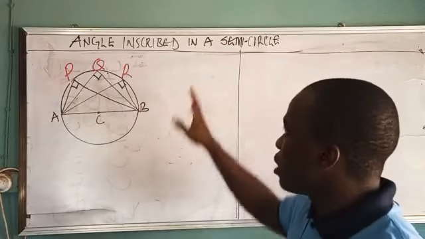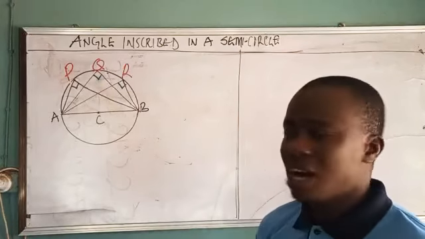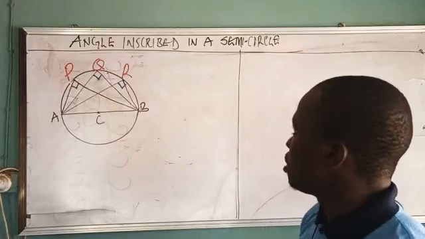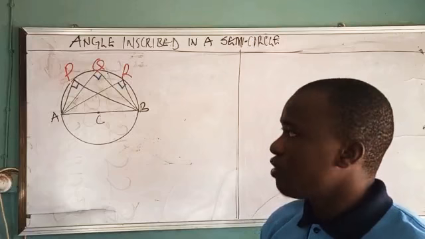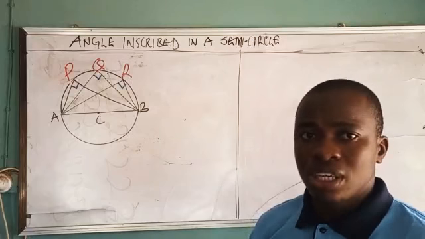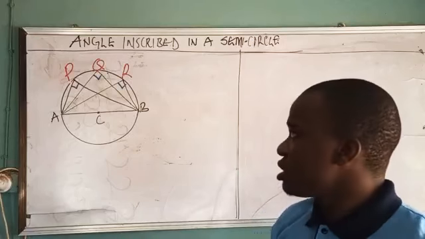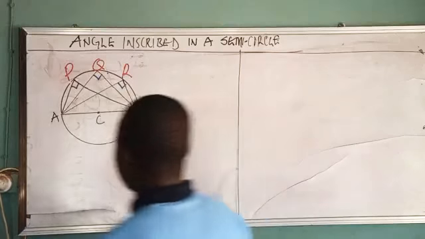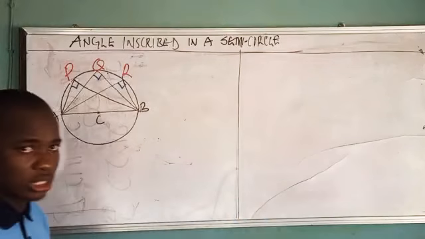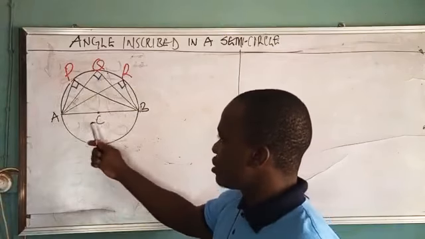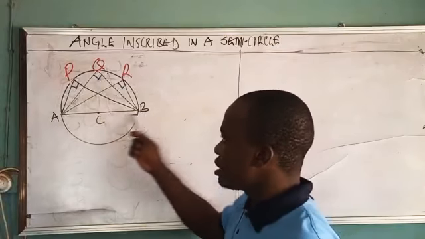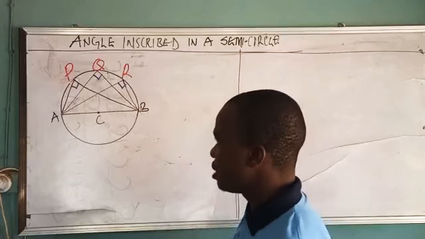So today I'm picking one, that is when we find an angle inscribed in a semicircle. That is when you find an angle in a semicircle, that is when the angle is made. Let's look at this one on the board. Let's say we have this ACB. The line ACB is called the diameter.